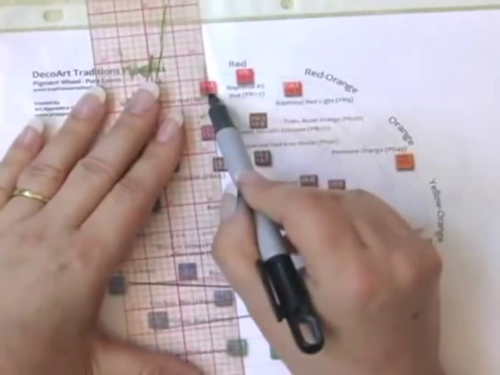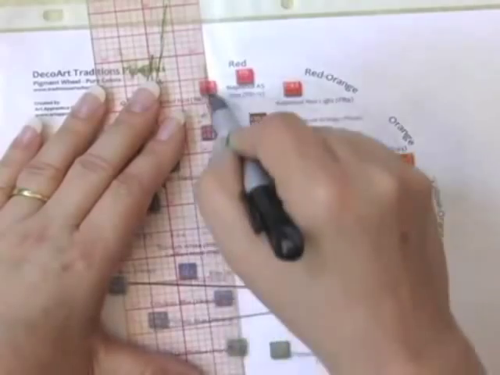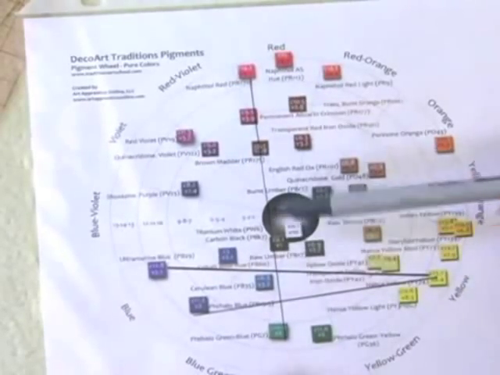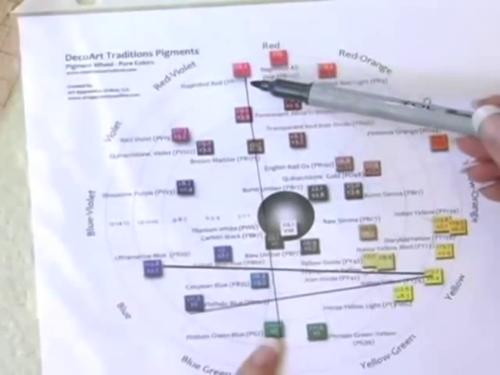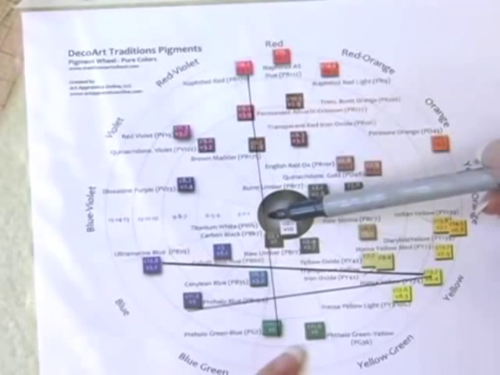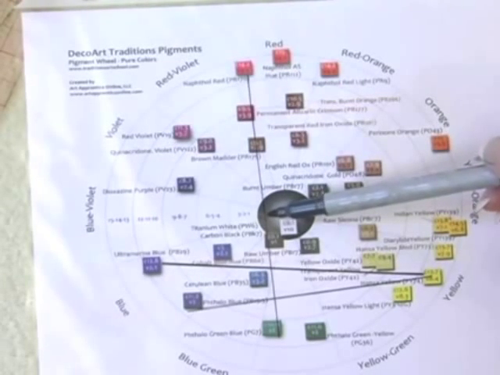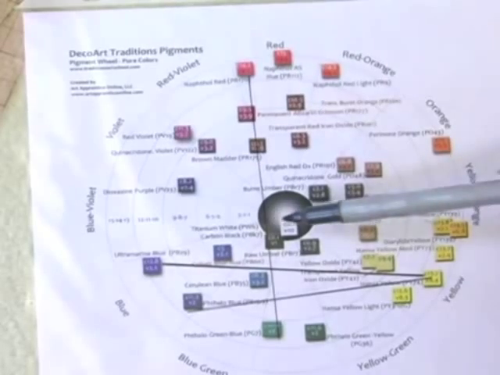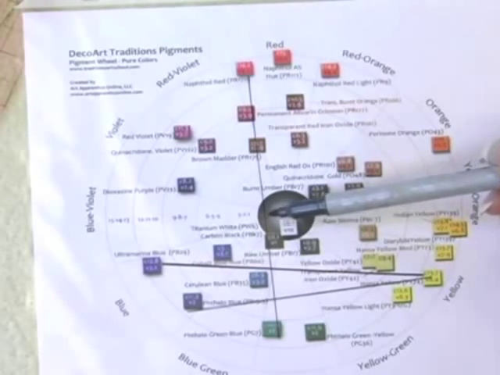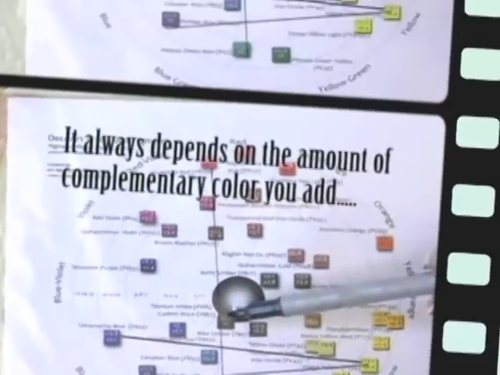Look, depending on the amount of green that I put into my red, see how my color comes right through the center? That means that it's going to turn gray because I pulled the color towards the center.